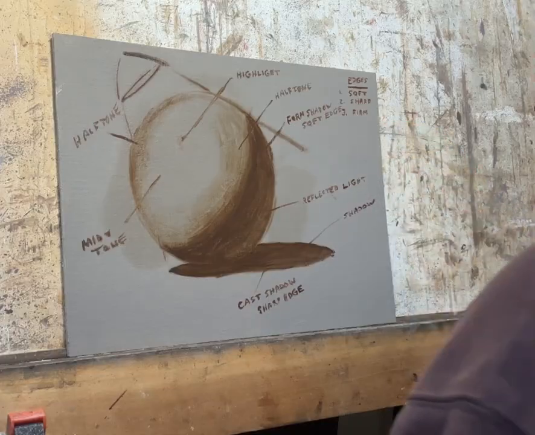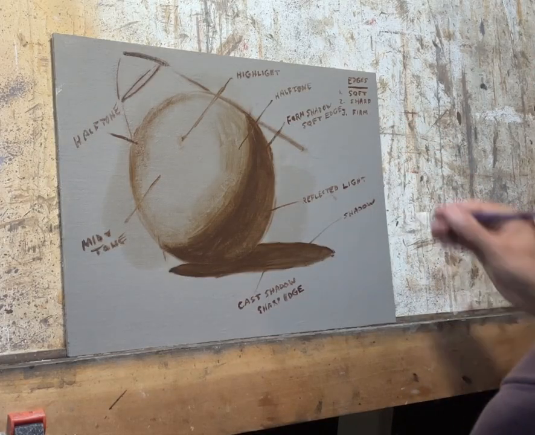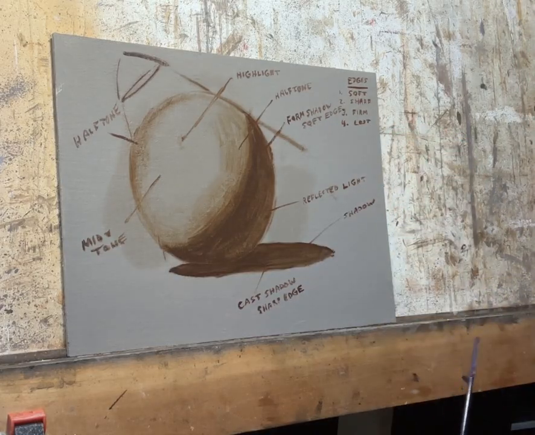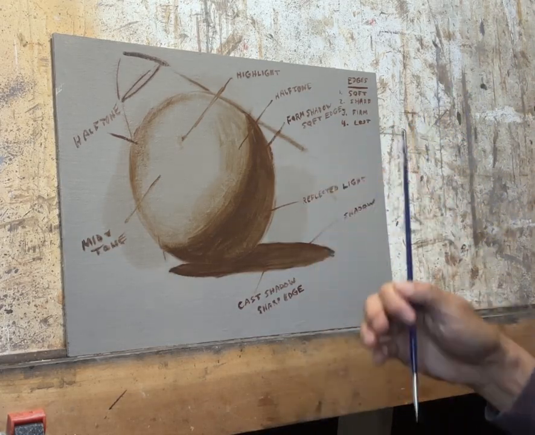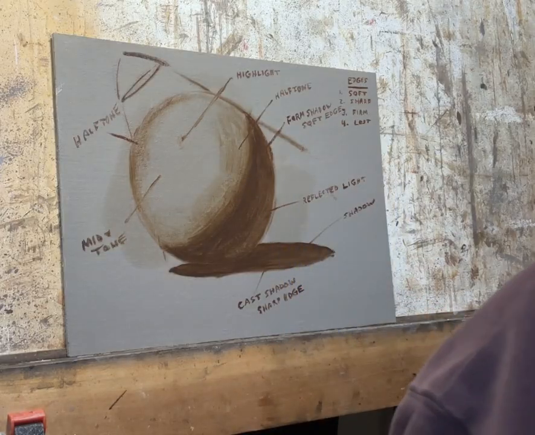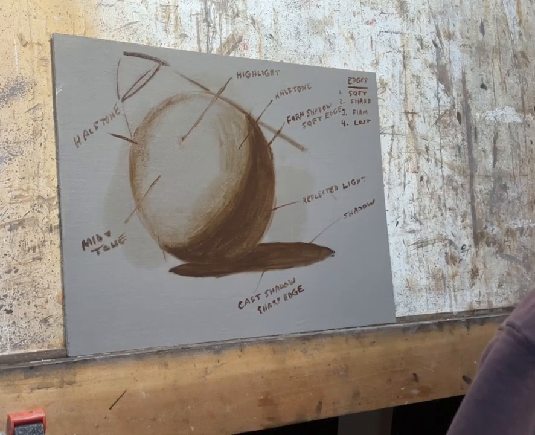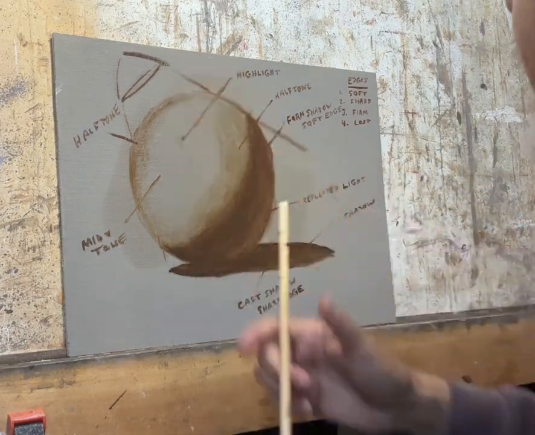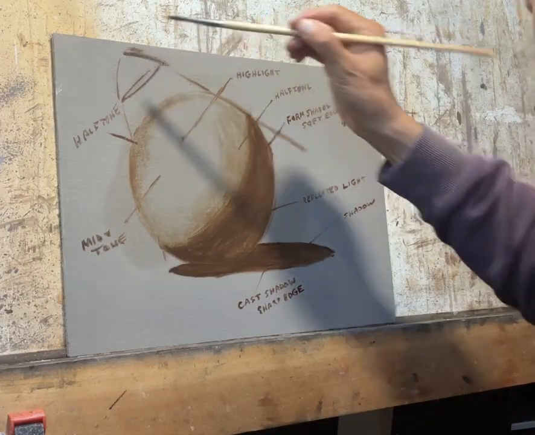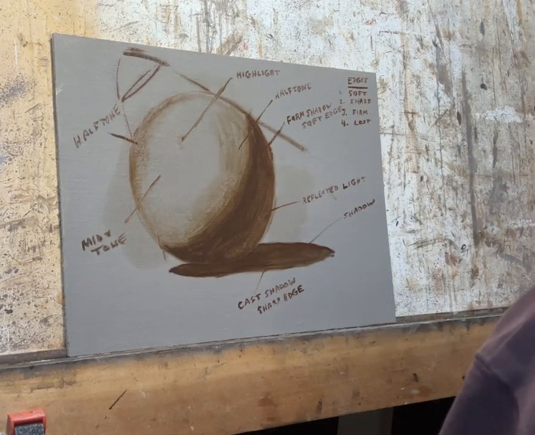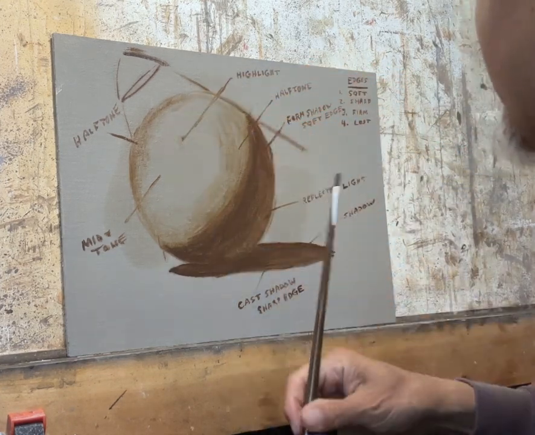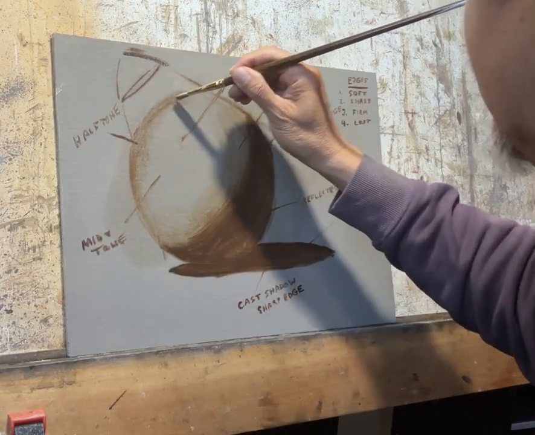And then the last edge, which is probably the trickiest edge, is the lost edge. The lost edge occurs where two values are so similar we can't see the separation. So on this sphere itself, I could play with the idea that as the sphere is reaching the very edge, we actually lose part of the sphere itself, let's say here.